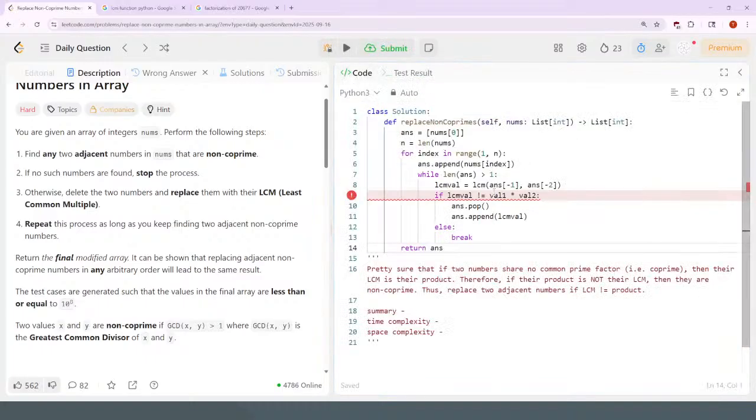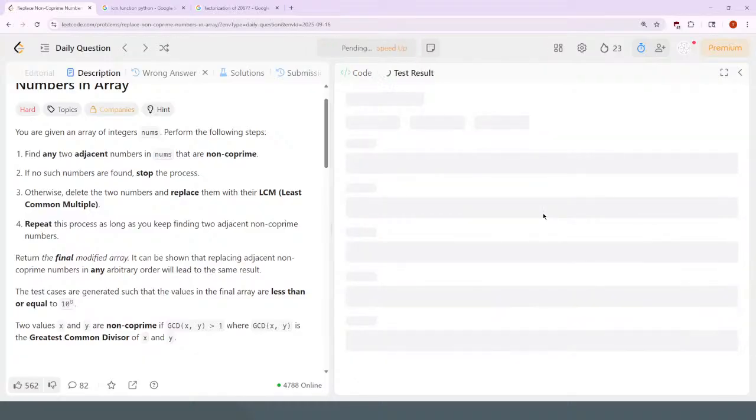Value 1 not defined. LCM of answer -1 and answer -2, which are the last two elements of the array.